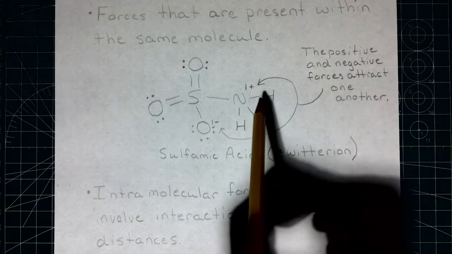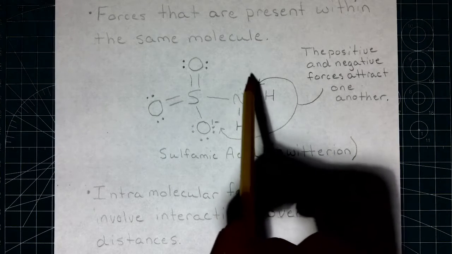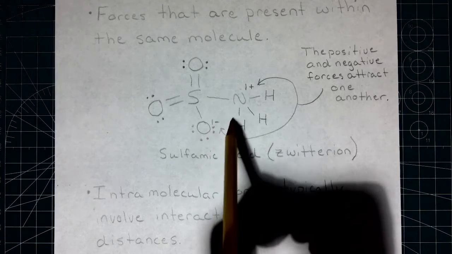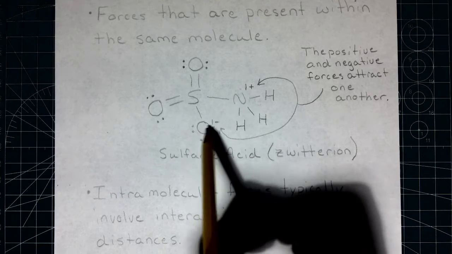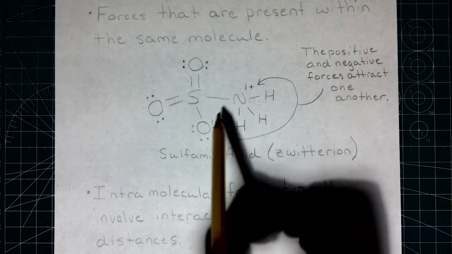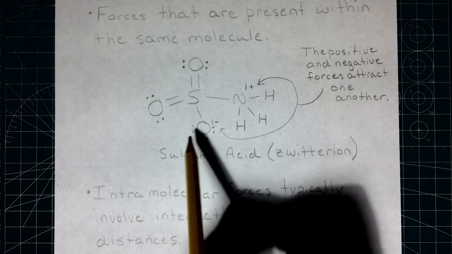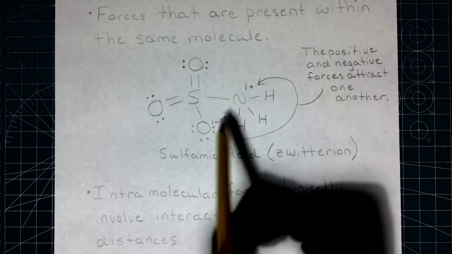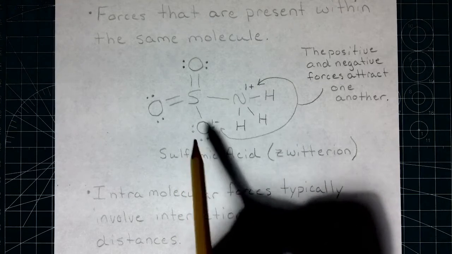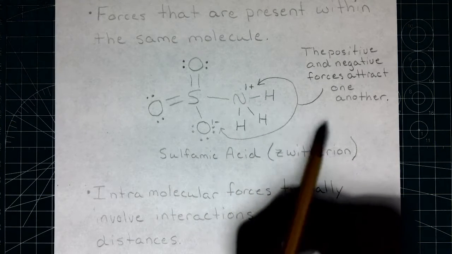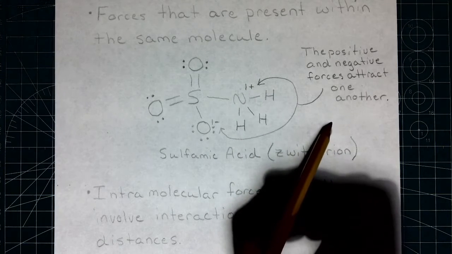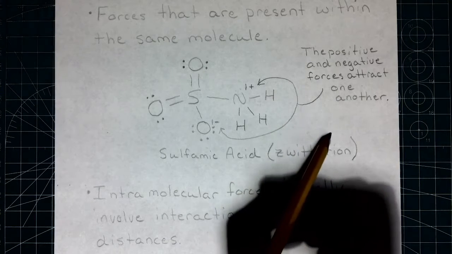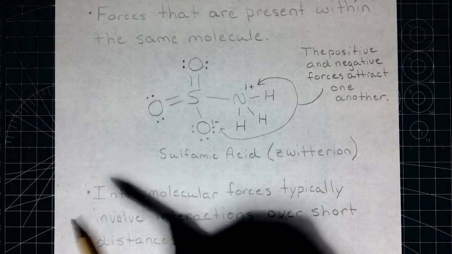But in addition to that, we have the attraction of this positive species here and this negative species here. They're going to attract one another across distance, but this distance is going to be pretty short because we're talking about a single molecule, and therefore it's going to be a pretty strong interaction as opposed to the type of interaction we're going to see later with ions, where we have two different species that can be quite a bit of distance away from one another.